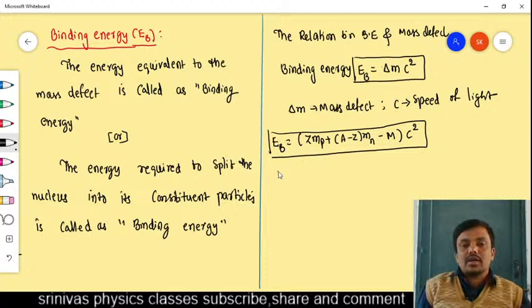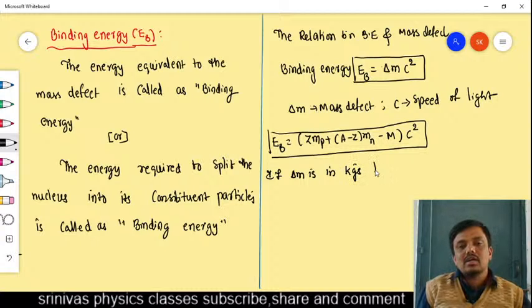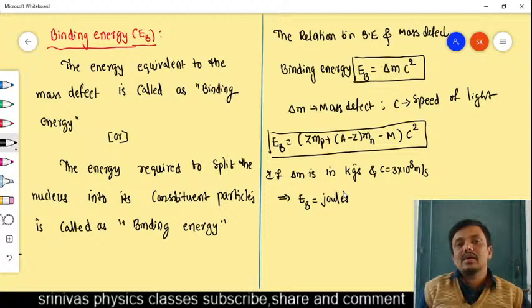Here we have one condition: if delta M is in kgs, and C we write as 3 into 10 to the power of 8 meter per second, in the SI system, when you substitute them, then you will get the energy. Binding energy you will get in joules.